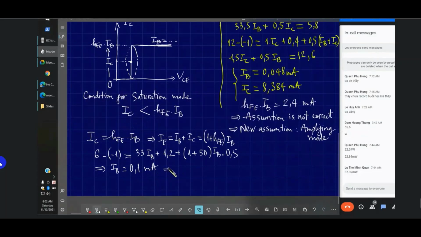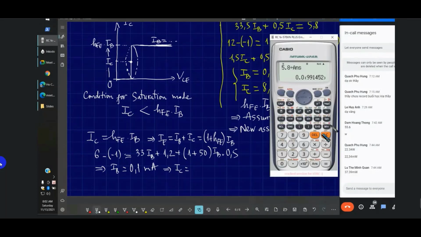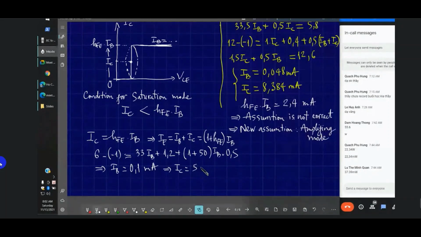And then I have my IC, multiplication by 50, right? 50. Okay, and then I got 5 milliampere.